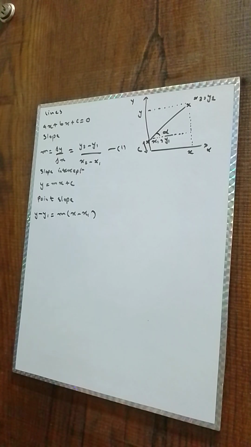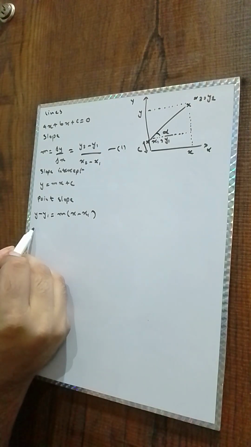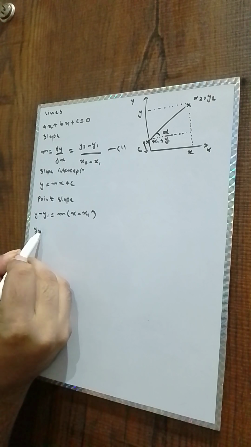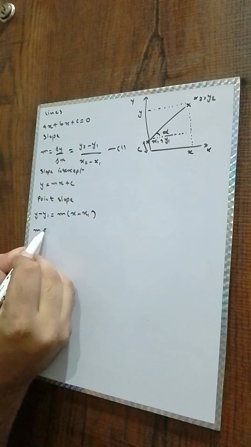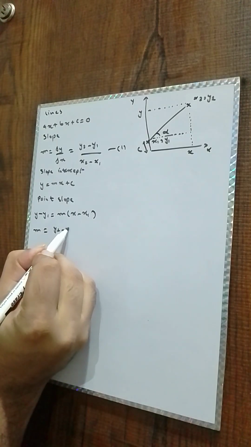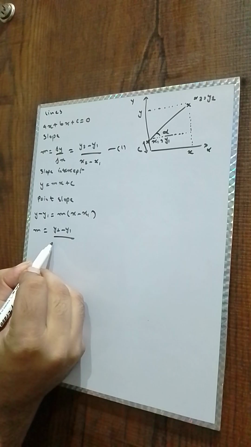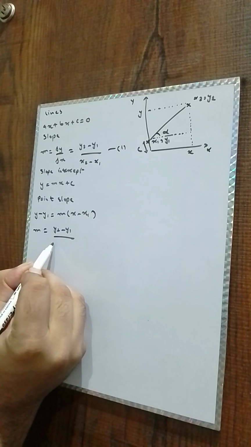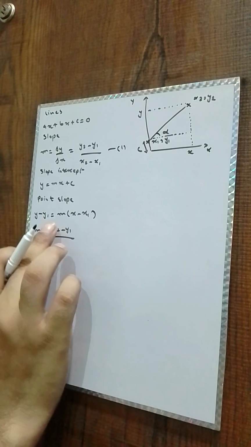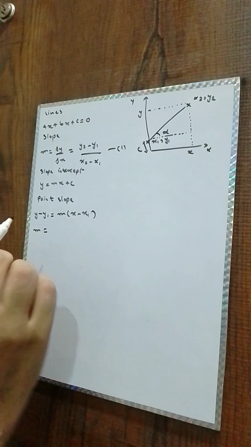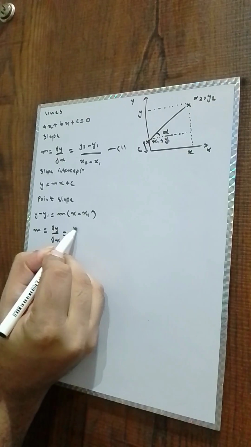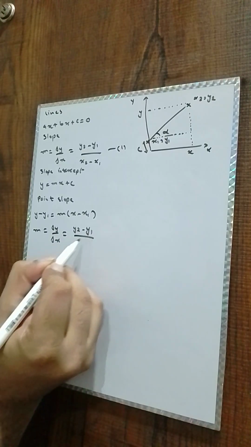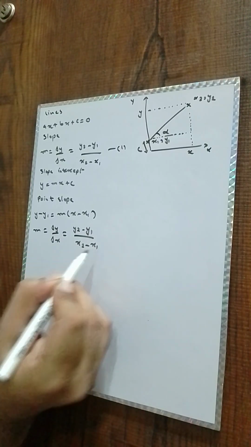This can be derived from the slope, and the slope says, in equation 1, m is equal to y2 minus y1. You need 2 points, so you find the difference between the y coordinates and the x coordinates, which is y2 minus y1 by x2 minus x1.